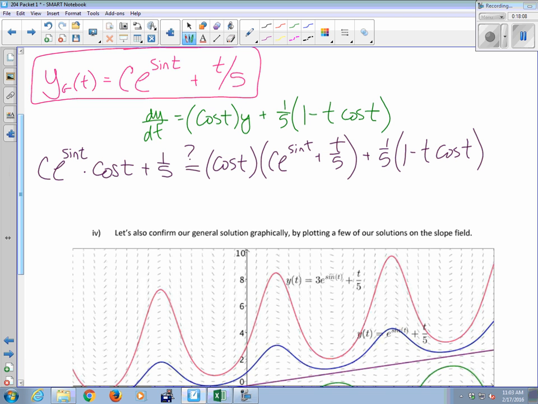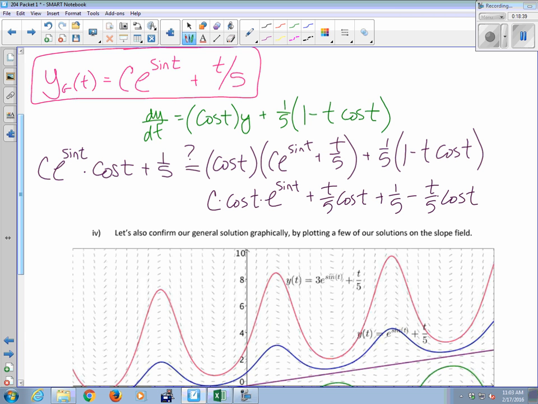Okay, so on the right-hand side here, I'm going to distribute my cosine t. So I get c times cosine t times e to the sine t plus t over 5 cosine t. And then here I'm going to distribute my 1/5, and I get 1/5 minus t over 5 cosine t.